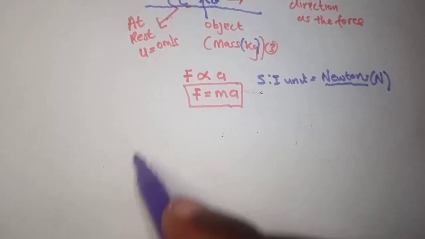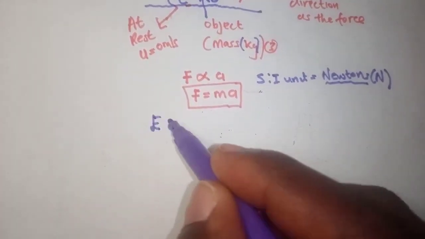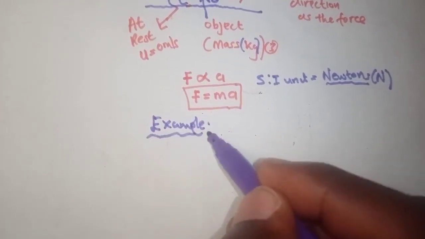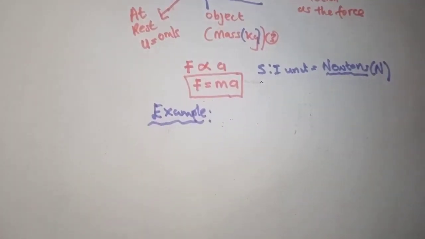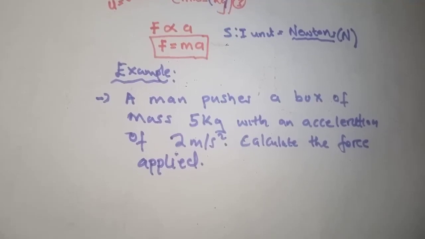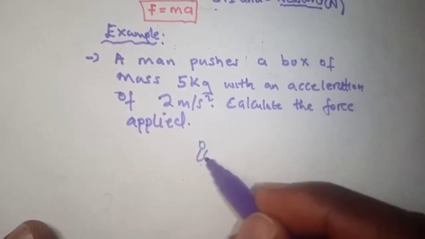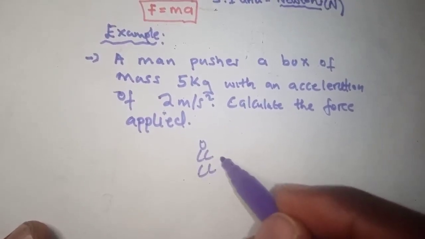So let's have an example. A man pushes a box of mass 5 kg with an acceleration of 2 meters per second squared. Calculate the force applied. To illustrate this, you have this man pushing a box.